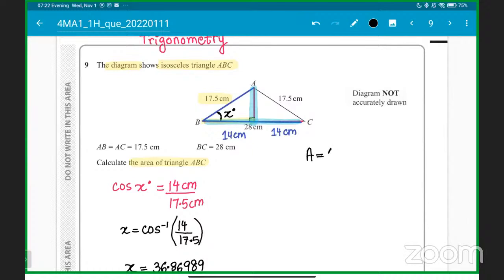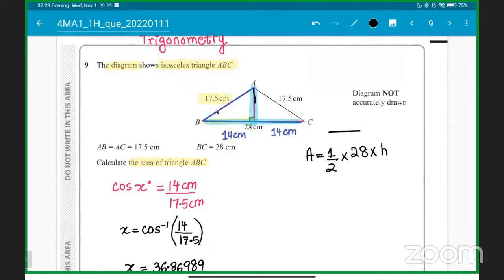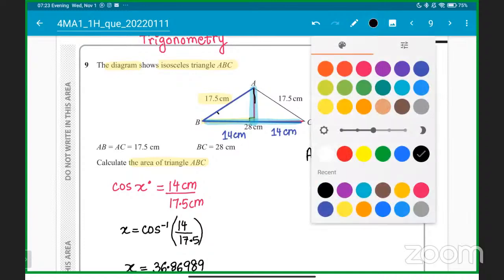So area of the triangle in that way will be half into the base, that is 28, but you will have to find the height. Let me do it that way as well for you. For height, you will take again the Pythagoras theorem. It is 17.5 and 14, and you find out this length using Pythagoras theorem.